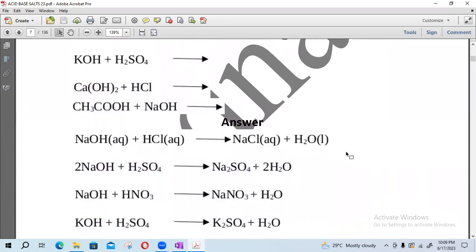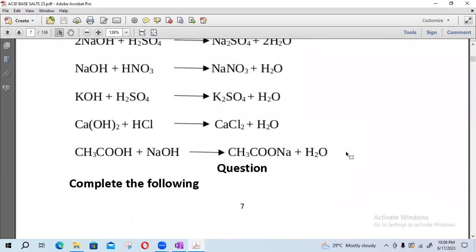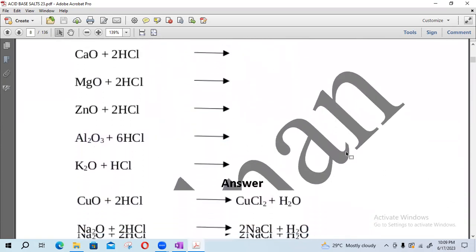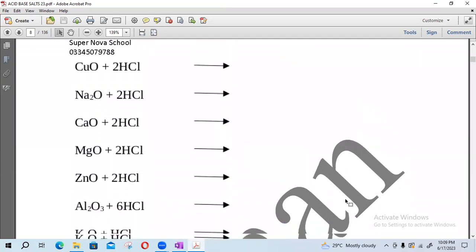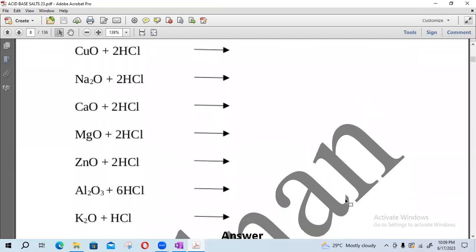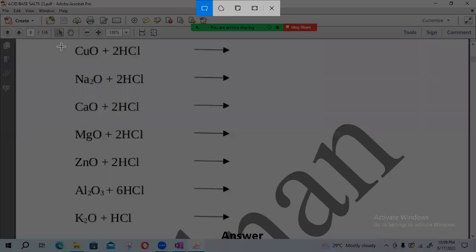Similarly, for the sixth property that we have predicted, we can do some more practice, just as we have these: copper oxide plus HCl and this one.